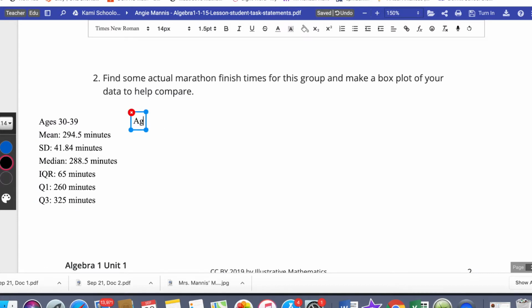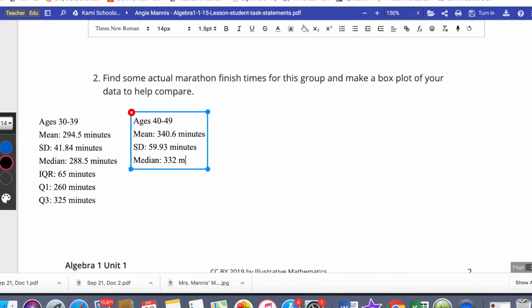Now I'll give you the statistics for the 40 to 49 age group, and then we're going to look at these. So the mean is 340.6 minutes. Standard deviation is 59.93 minutes. Median, 332 minutes.